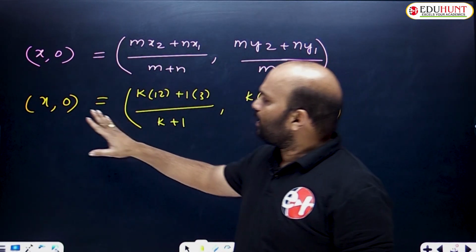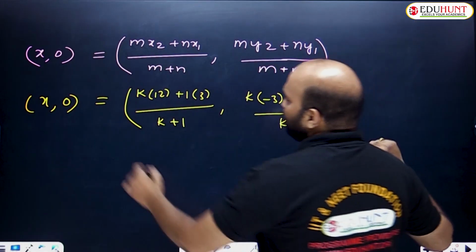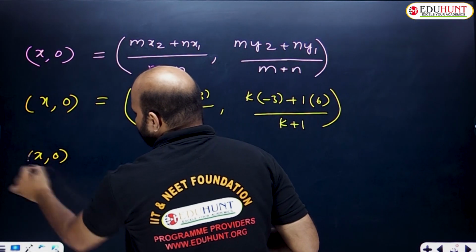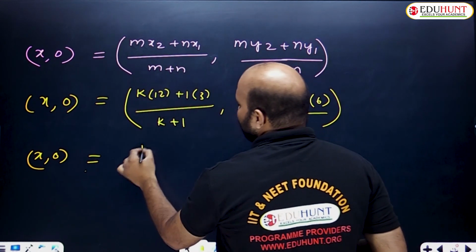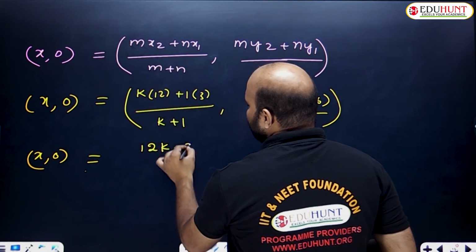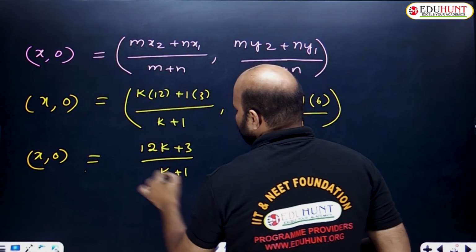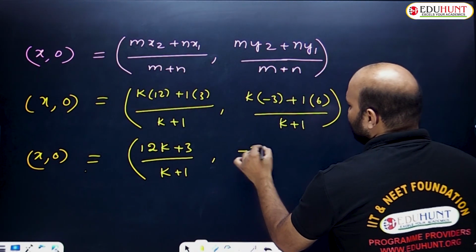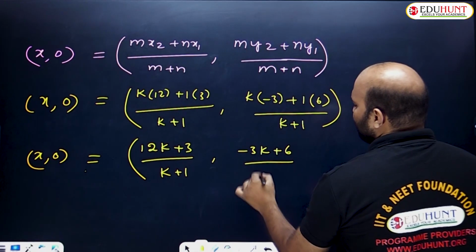So simplifying, 12k plus 3 by k plus 1 is the x coordinate, and minus 3k plus 6 by k plus 1 is the y coordinate.